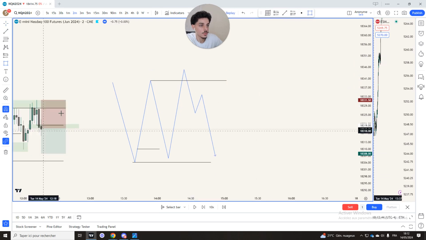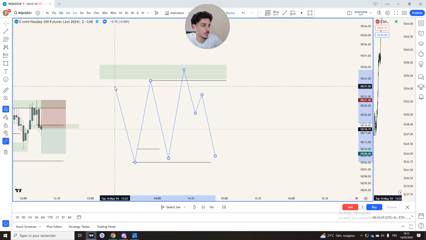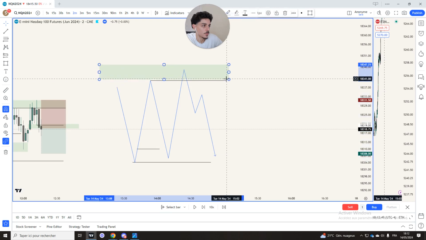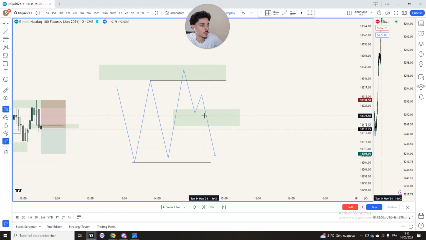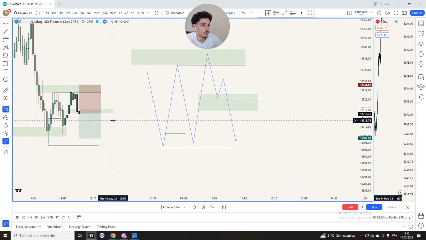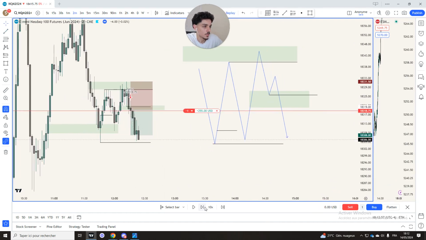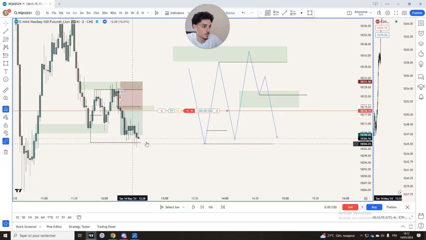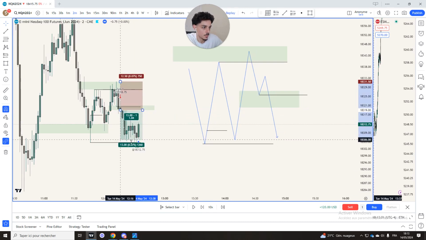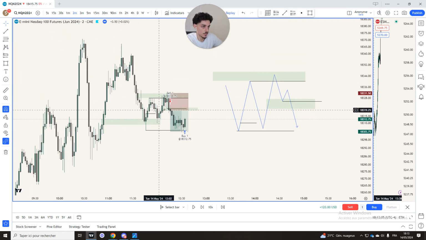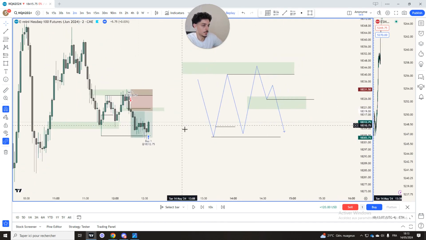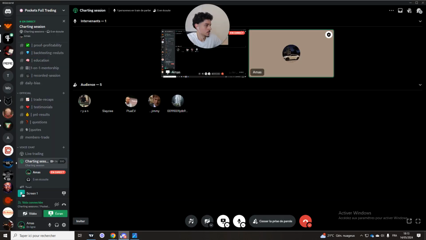You hold this fair value gap here, and then you inverse this one with an order block, and boom, you'll have your shorts here and target those lows. Okay, and then you would bid it out. Immediately here, this could be a nice scalp here, to the downside. Is there any questions here?